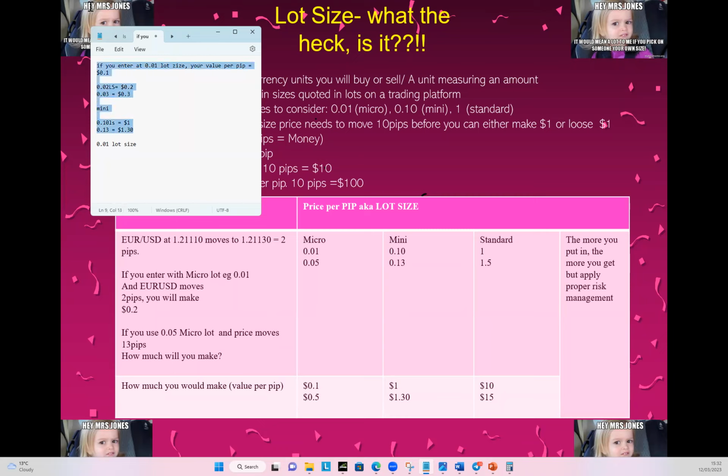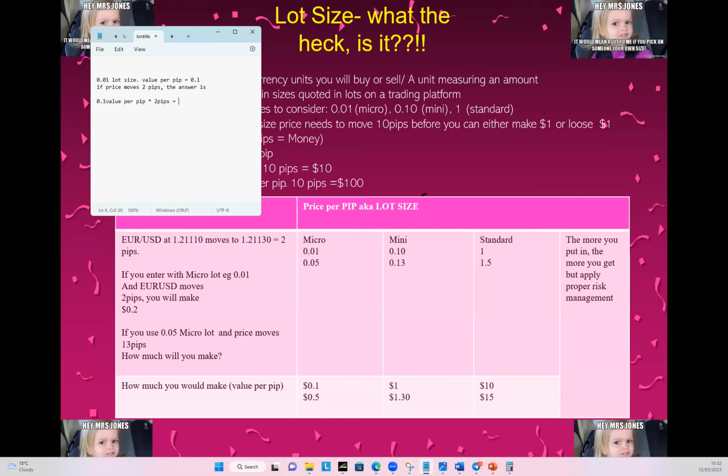Another example here: 0.01 lot size, value per pip equals 0.1. 6.5. Okay, so you got that right. It's 6.5.